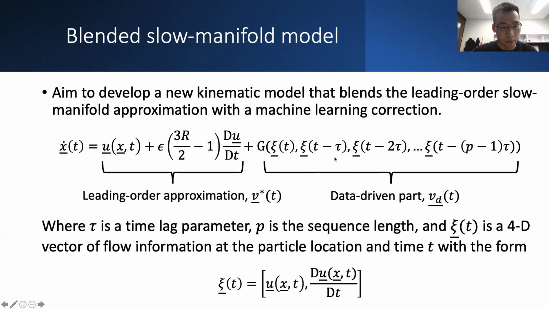Here tau is a time lag parameter, P is the sequence length. And this C here is a four-dimensional vector that contains the local fluid velocity and also the local gradient of the velocity at the particle location.